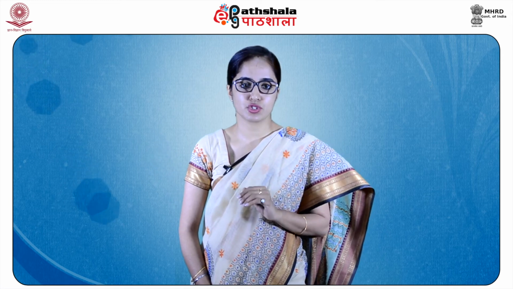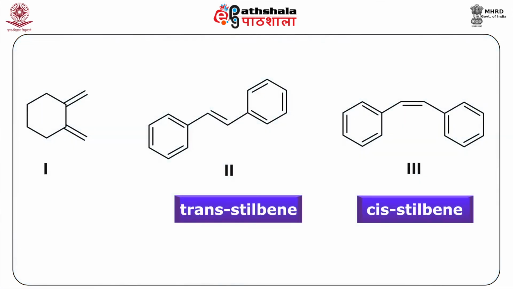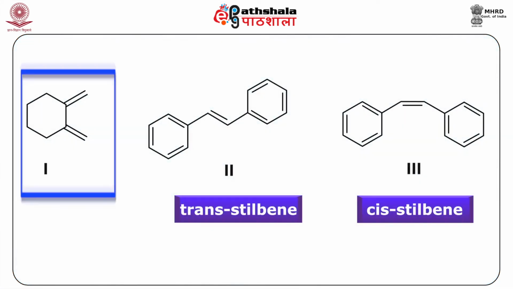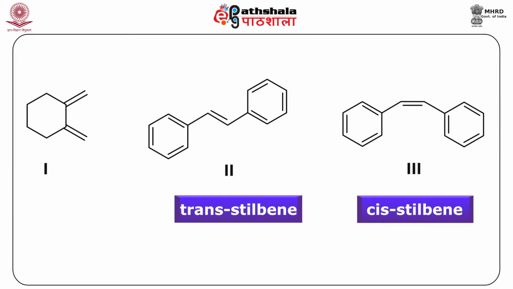depending on the nature of distortion. Taking an example, diene 1 which is shown is expected to show absorption maximum at 237 nanometer, like linear 1,3-butadiene, but the distortion of the chromophore causes it to absorb at 220 nanometer.